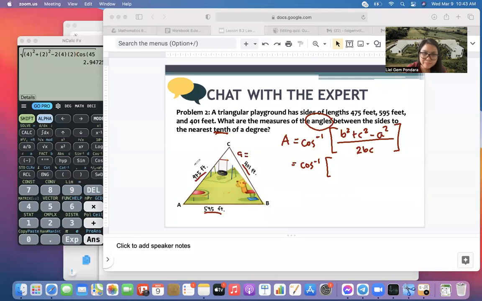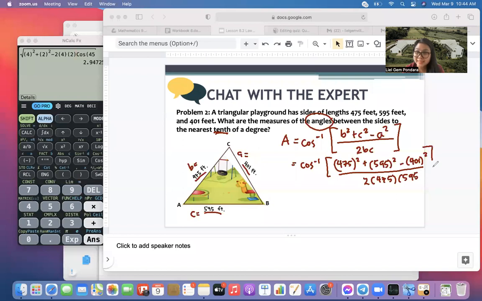This is A, this is B, and this is C. We have 475 squared plus 595 squared minus 401 squared over 2 times 475 times 595.